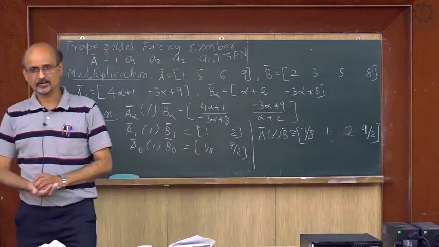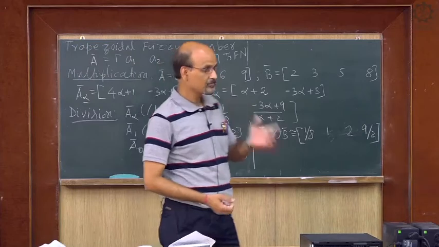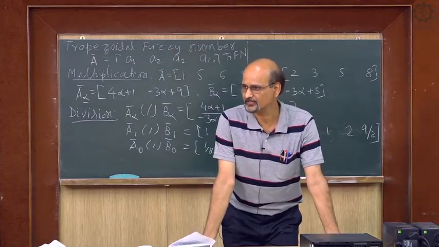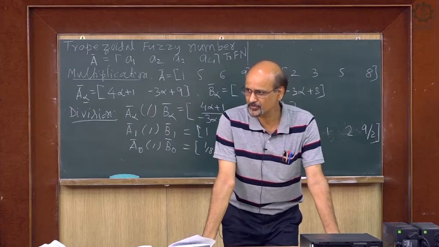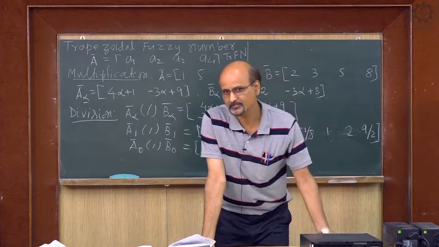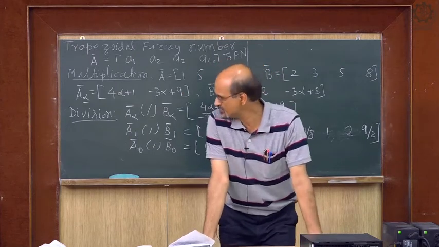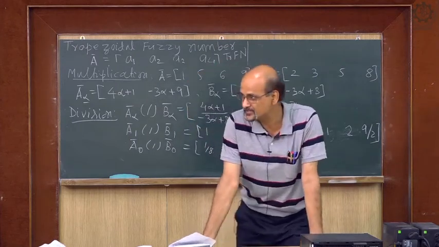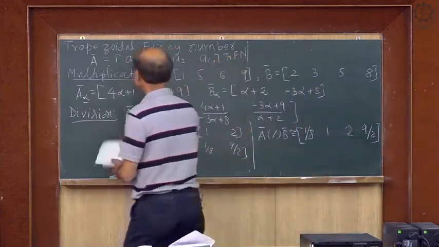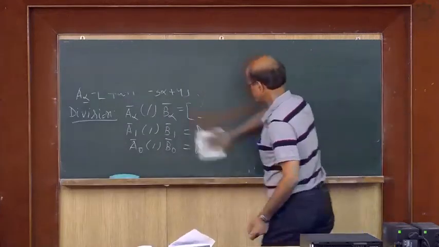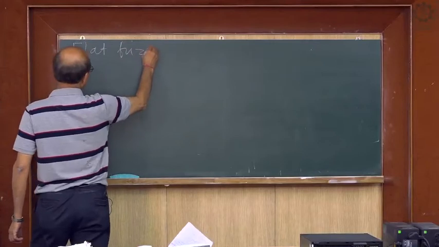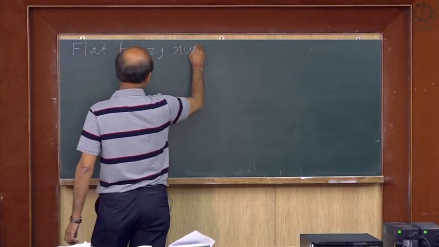So, we have read till now two types of fuzzy numbers, triangular fuzzy number and trapezoidal fuzzy number. We have other types of fuzzy number too. I will not go into those details, I will only name them. One is flat fuzzy number, which is the generalization of this triangular fuzzy number.